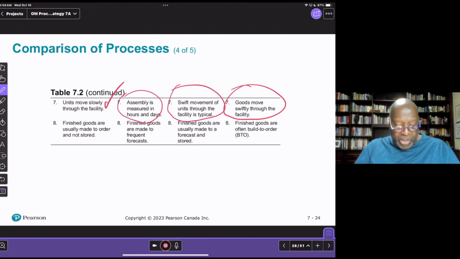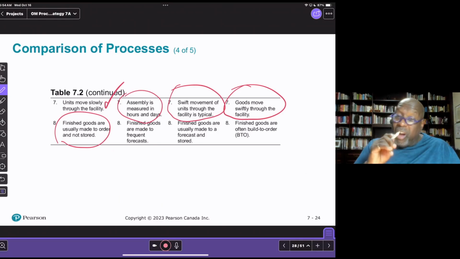And the finished goods are usually made to order and are not stored, so the person passes and picks up their order. If I went into a copy shop, not a coffee but copy shop, then I go in. If I'm photocopying, binding, and then that's it. It doesn't sit there waiting for someone.